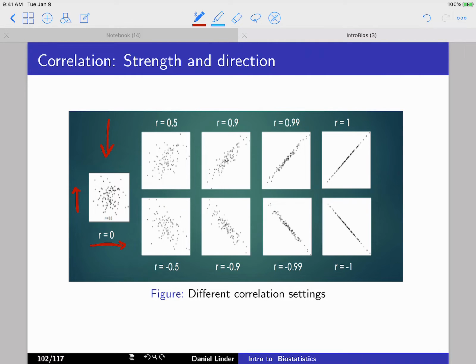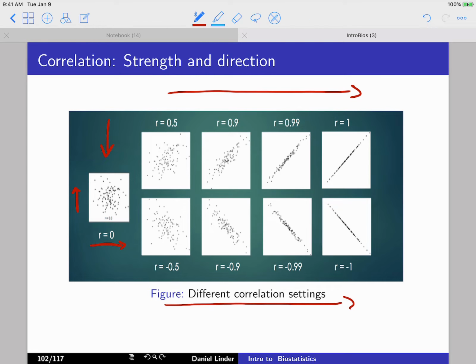In the top, what you'll see is starting from 0.5 and going all the way to 1, positive correlations, and in the bottom row you'll see starting from -0.5 all the way to -1, negative correlations, both in increasing magnitude, so as you go from left to right.